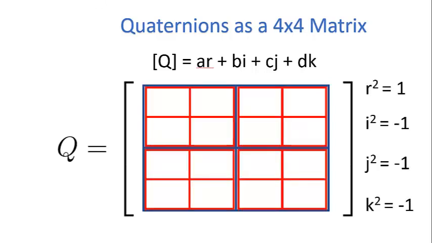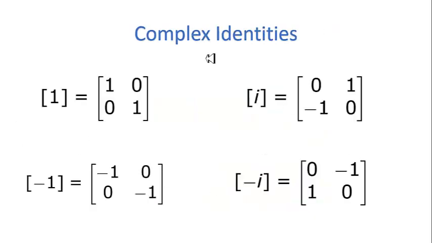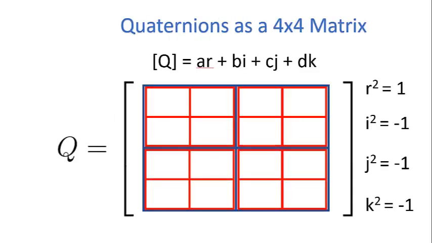The next thing I needed to do was find the identities. Analogous to the identities of the complex numbers, where you have just ones and minus ones in the matrix, I wanted to find the identities for the quaternions using a numerical method. So I wrote a computer program to find all of the identities that satisfied these rules.